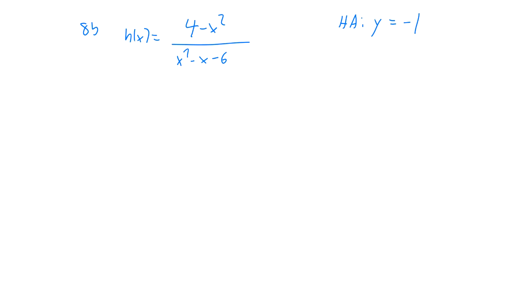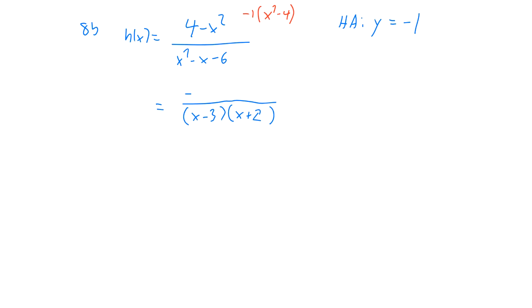Now, I potentially also have some holes or vertical asymptotes. To find out about those, I need to factor numerator and denominator. I'll factor the bottom as (x minus 3) times (x plus 2). In the numerator, I might start by factoring out a -1. So -1 times (x squared minus 4).